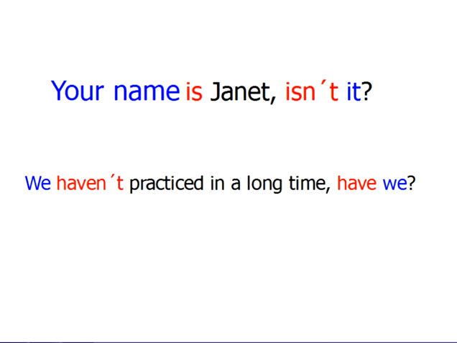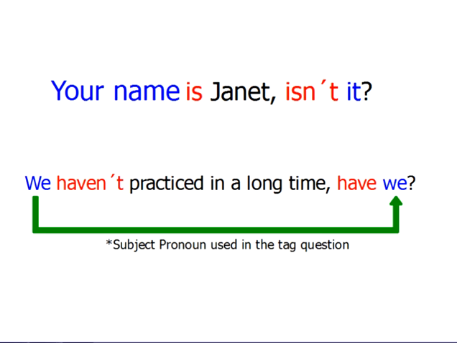So let's take a look at a second example. Here we have the sentence, we haven't practiced in a long time, have we? In this example, I'm using we as my subject, and I repeat that in my tag using the same subject pronoun. My auxiliary verb is haven't, right? It's not the main verb.